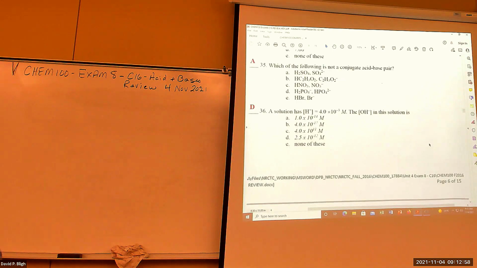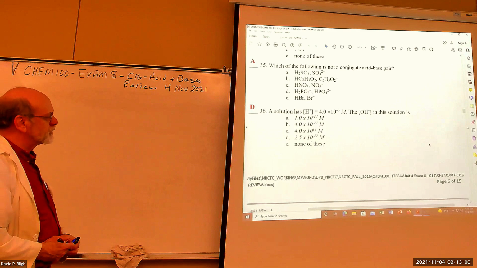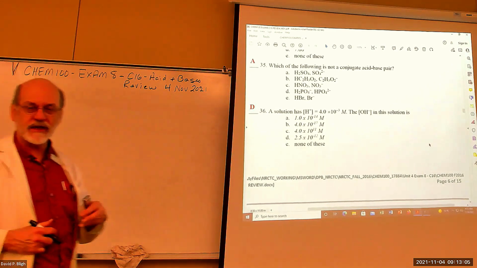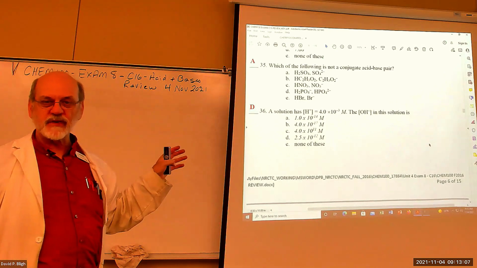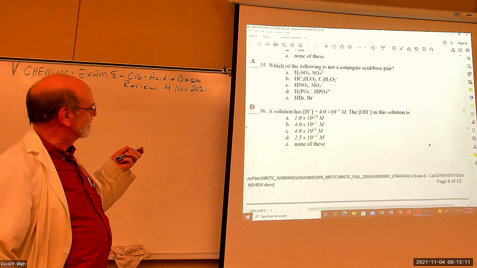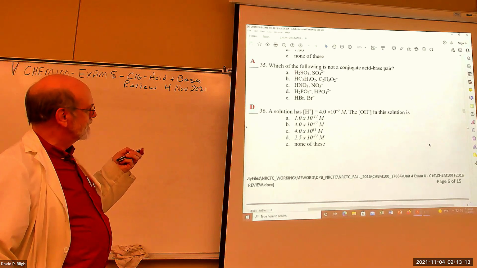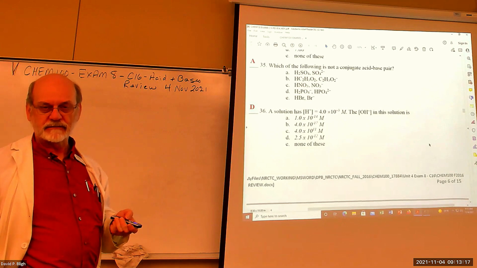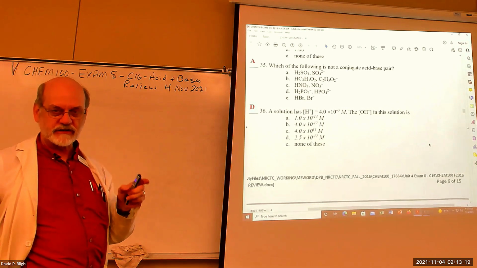35. Which of the following is not a conjugate acid-base pair? All right, so in this case, we're saying all of them are conjugate acid-base pairs except for one. So let's see. 2 protons here, none there. That can't happen. Not for our definition to be valid.